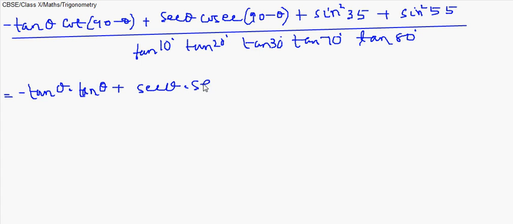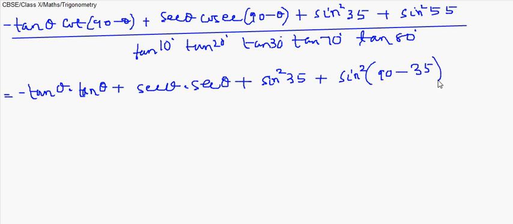So we are all getting squares. Plus, now this is sin square 35. If I get a cos square 35 there, that will help me to get a 1 there. So sin square 55 can also be written as sin square(90 - 35). Yeah, that is giving me a cos square.